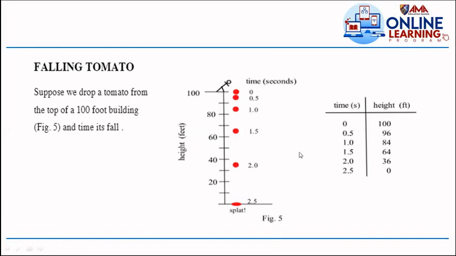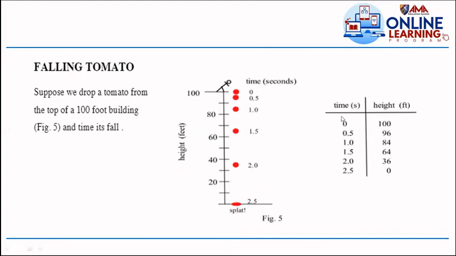Then meron tayong table po dito. Okay? The time in seconds for the first column and the height. Okay? So, nandito siya. May isang lalaki. Okay? Nag-drop siya ng tomato. Then, from 100 feet, okay? After 2.5, yan ay nasa ground na po. Okay?